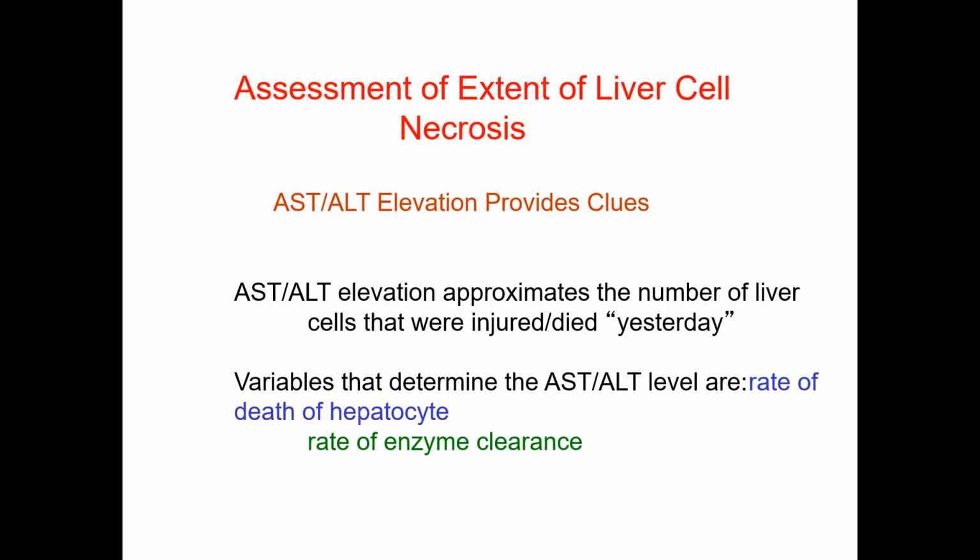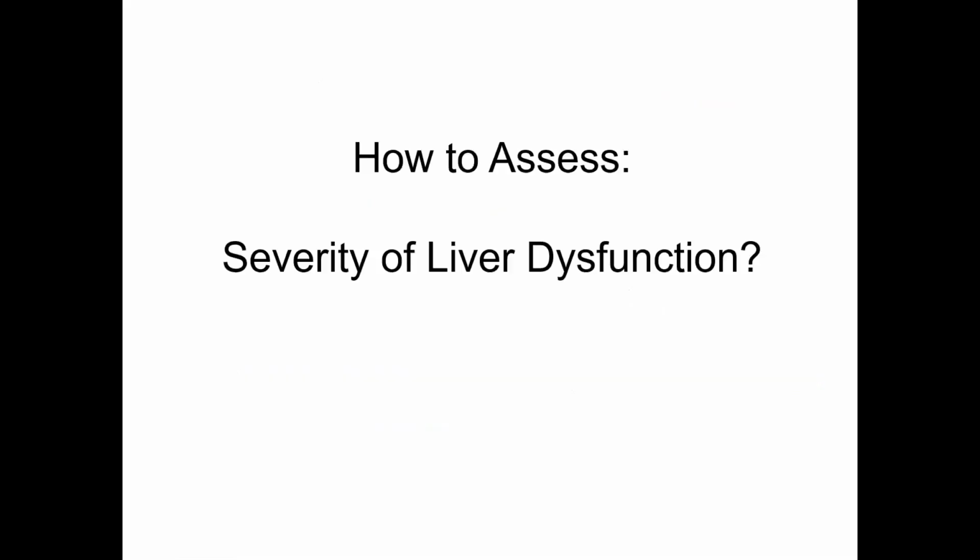So therefore, we can only say that AST and ALT levels can only approximate 1 to 2 days of liver damage, because after that they are easily cleared from circulation.